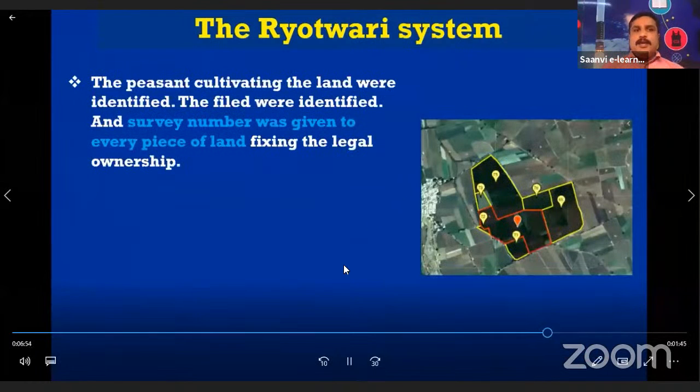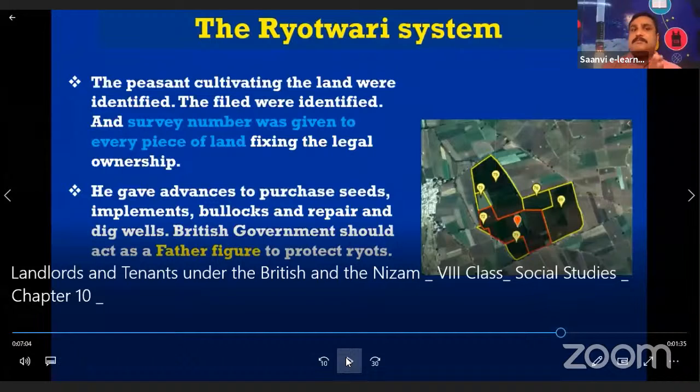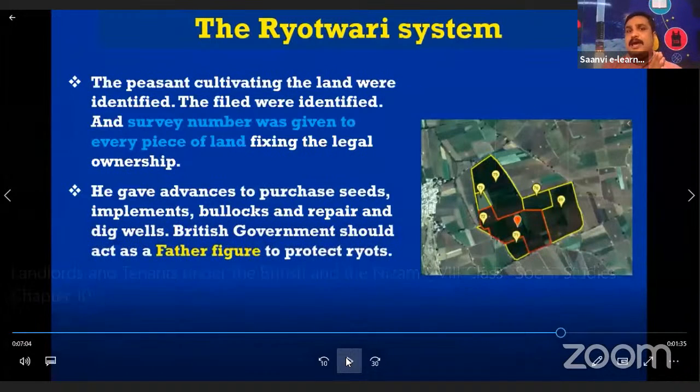Now here some more topics on the Ryotwari system. The peasants cultivating the land were identified first, and the survey number was given to every piece of land, fixing the legal ownership.